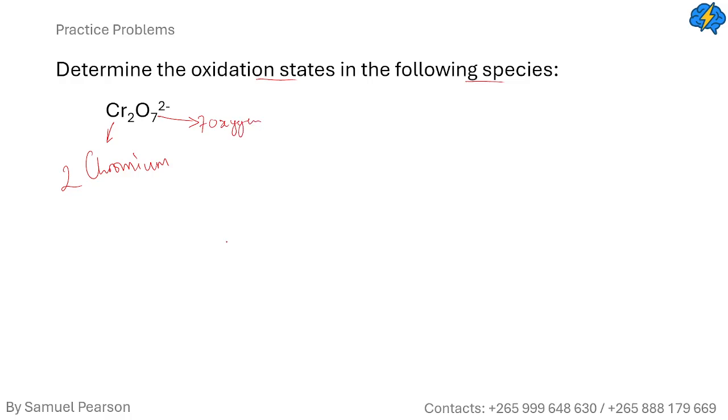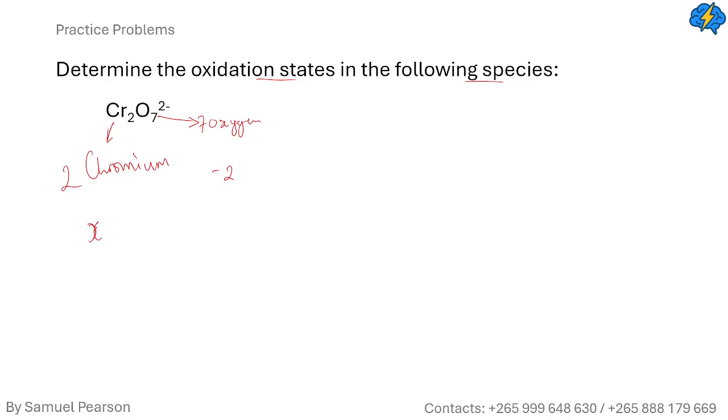Remembering the rules for assigning oxidation numbers, this is a polyatomic ion, so it has a charge of -2. When we add the oxidation number of chromium and the oxidation number of oxygen atoms, the sum should equal -2. So what does that mean? Let's say the oxidation state for each chromium atom is X.